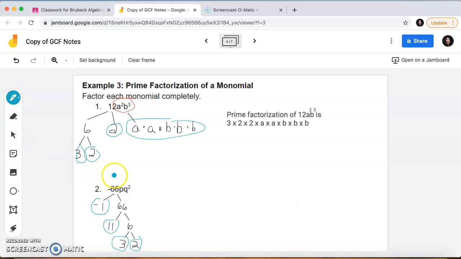But then we also need to break down the p's and the q's. So the first p is just 1 p. So we'll have 1 p right here. And then q is squared. So we'll have 2 q's.